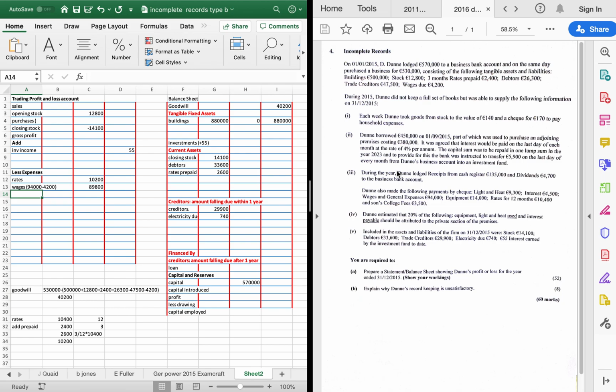All right, so that's all the stuff in the top done. As you can see, we're getting through this fairly quickly. I'll open up my drawings working. The first part is stock, which he takes 140 a week. So 140 by 52.